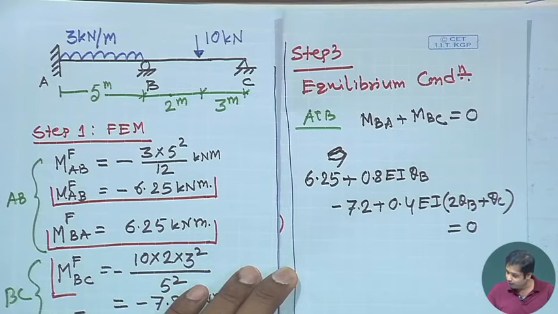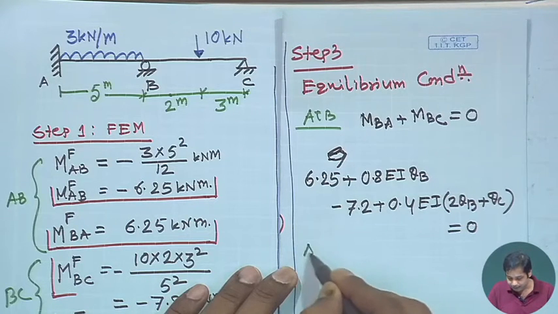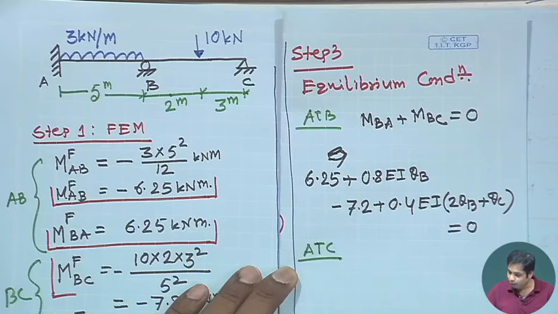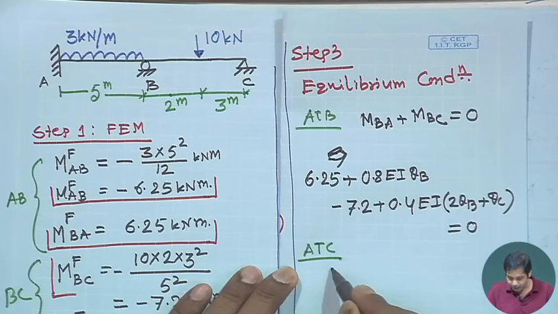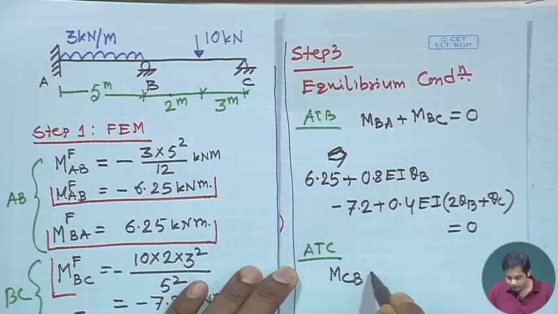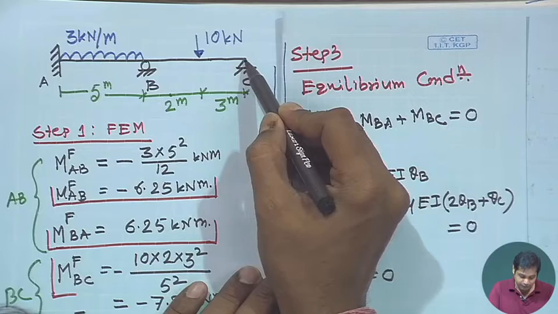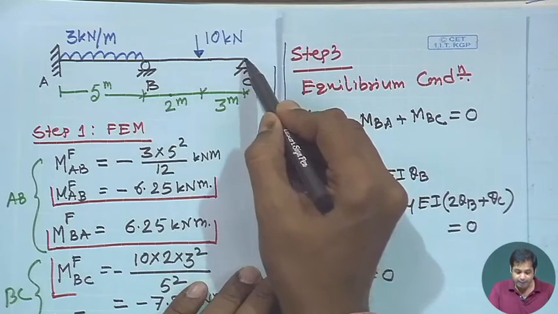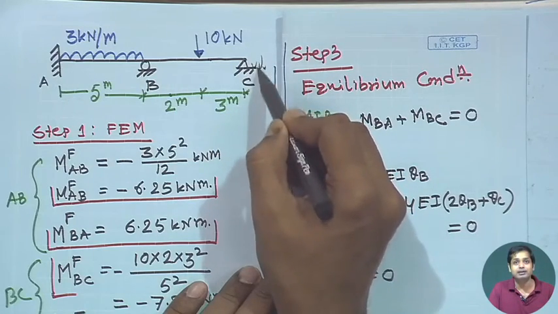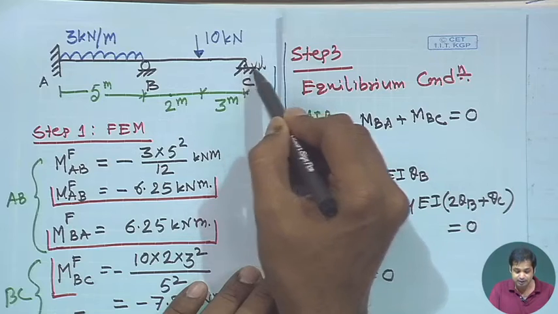Now, similarly, we can have the equilibrium condition at C. Equilibrium condition at C will be MCB is equal to 0, because it is the only moment we have, and MCB will be 0 because it is a simply supported end.